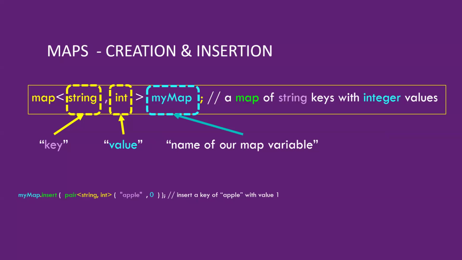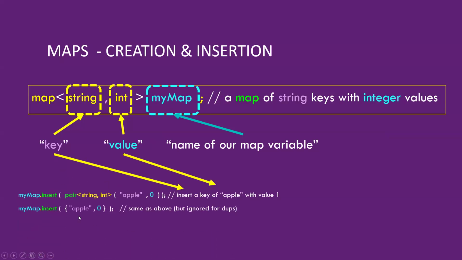We can either insert a pair in a very detailed way, or we can let C++ figure it out. We can say, here's one thing and there's another thing, that's a pair. And it will, like pouring water on a sponge, convert that thing into an actual pair because it knows it's a map. It's like, oh, you need a map pair there that matches the string int.